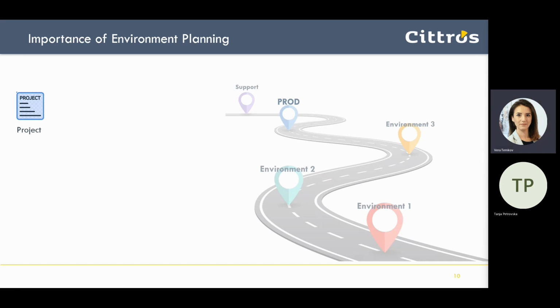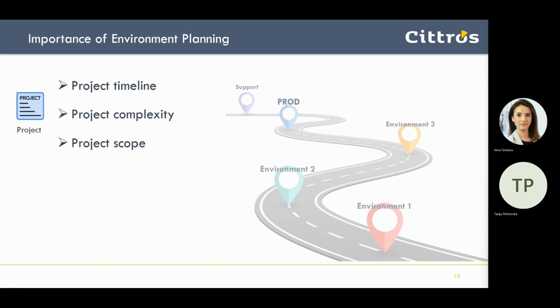In the project timeline until go live to production, but also post go live, you will need different environments to be provided and be active in different stages of the project. So, you should plan when to activate them, depending on the project timeline, the project complexity and the project scope.